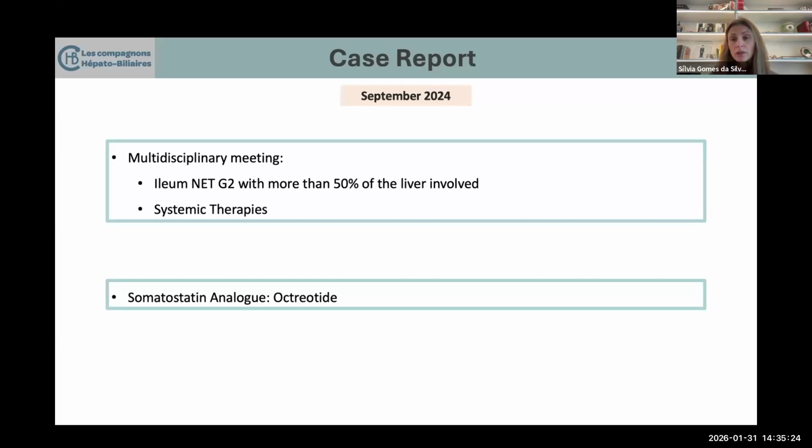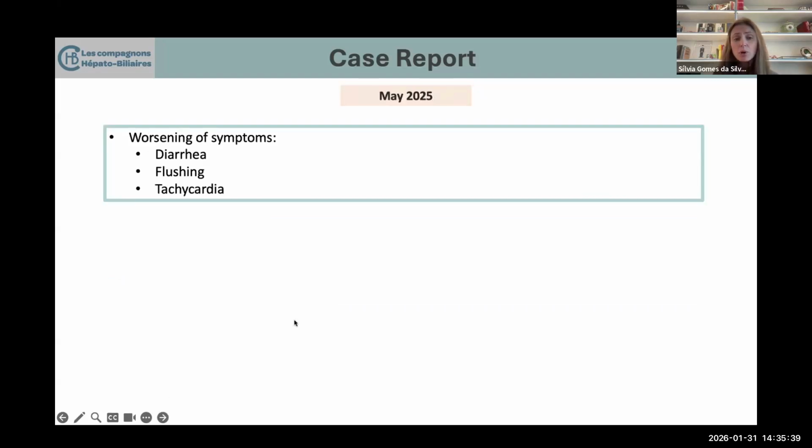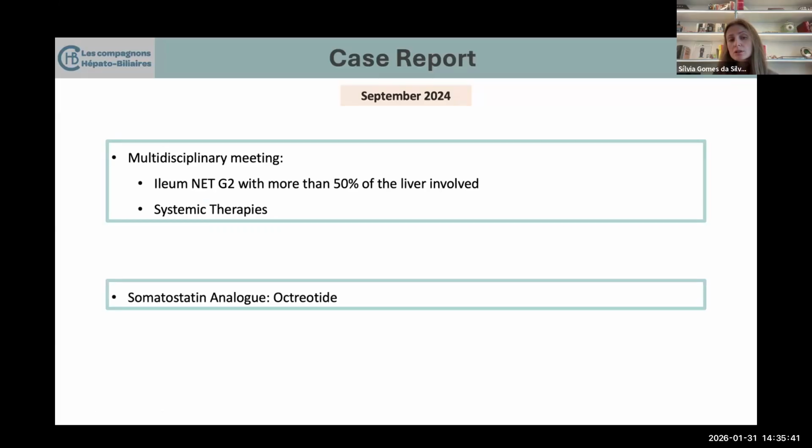But at this point, our cardiology team didn't propose the valvular surgery. They wanted to evaluate the response to the somatostatin analogue, octreotide.